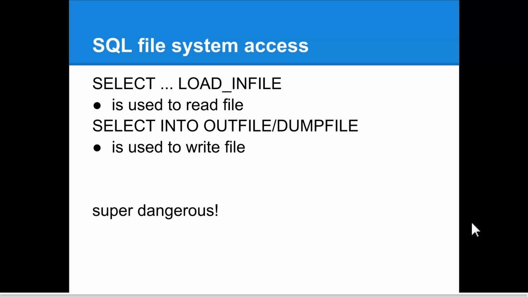So another thing is that SQL databases can allow file system access. Select load_file is used to read a file, and select into outfile or dumpfile is used to write a file.